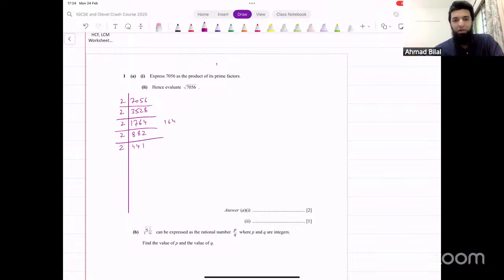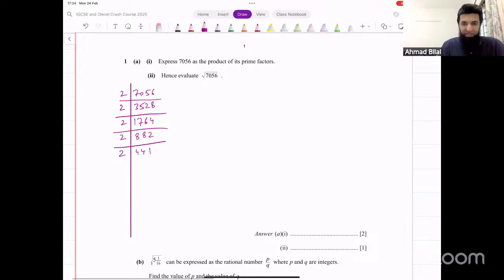Okay, so now 441, can we divide that by 3? Remember, how do we check if a number is divisible by 3 or 9? We can check if a number is divisible by 3 or 9 by just checking if the sum of the digits is divisible by that number.